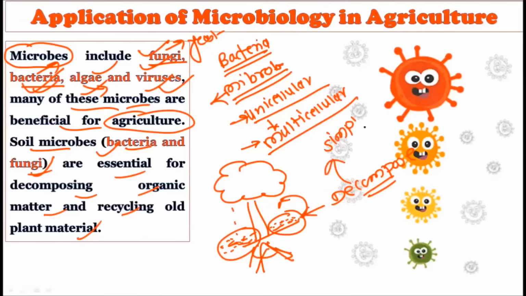Due to the conversion of these complex chemical compounds into simpler compounds, they can be reused by the plants. So the recycling of old plant material is attributed to bacteria and fungi. They constantly recycle the old plant material and make it available to the plants again, so they play a very crucial role in the ecosystem as well as in agricultural fields.